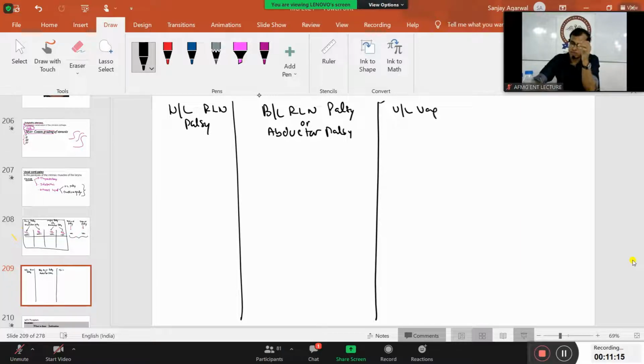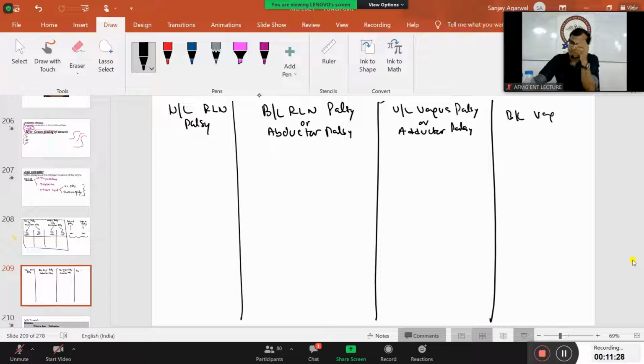Unilateral vagus palsy, which is adductor palsy of one side, and bilateral vagus palsy or bilateral adductor palsy.